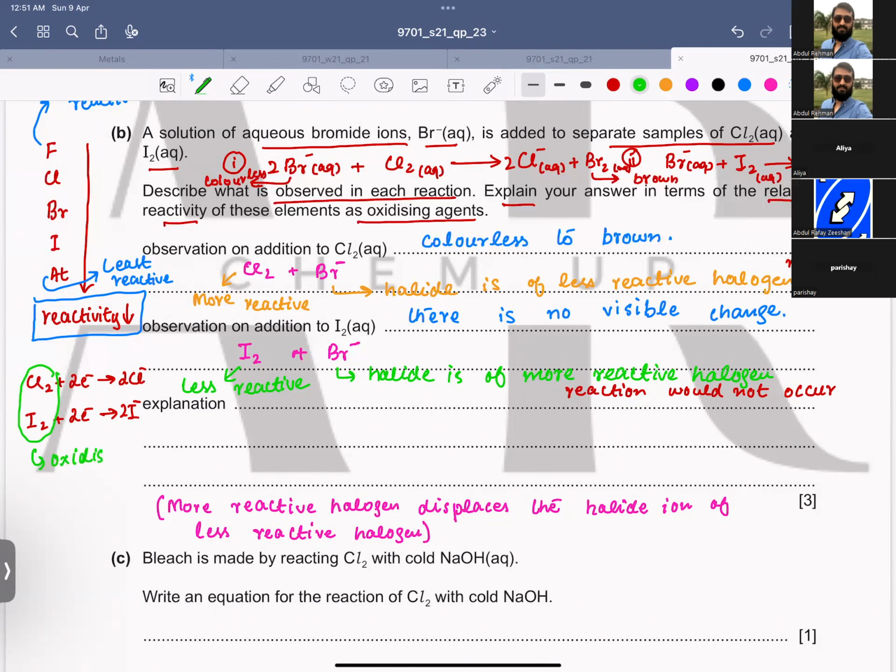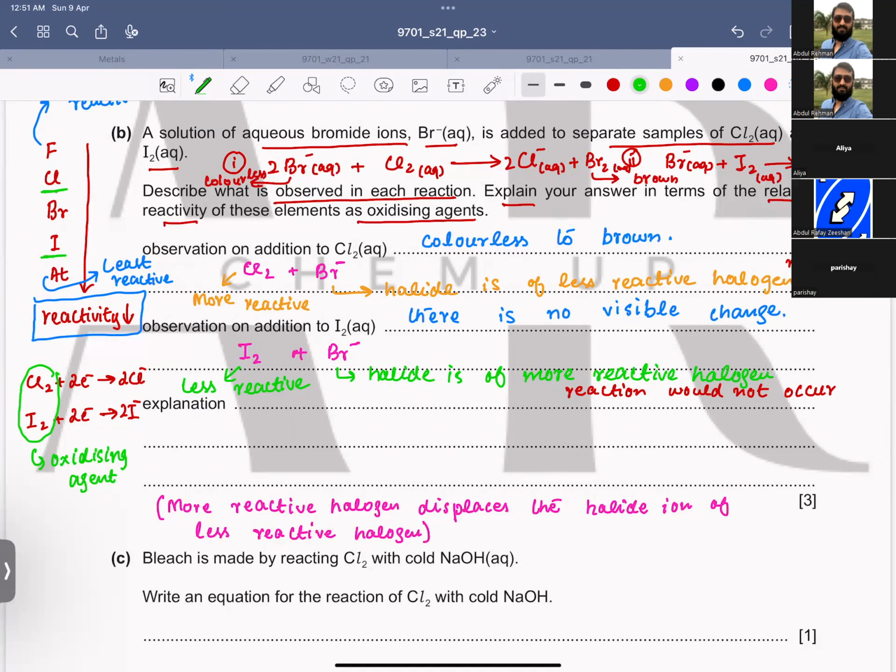So as we are observing, chlorine reacts with bromide ion, and iodine would not react with bromide ion, and iodine is below and chlorine is above.